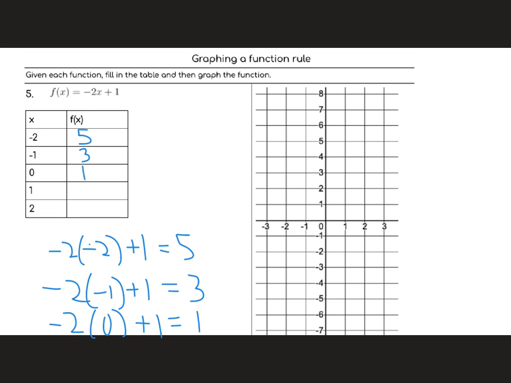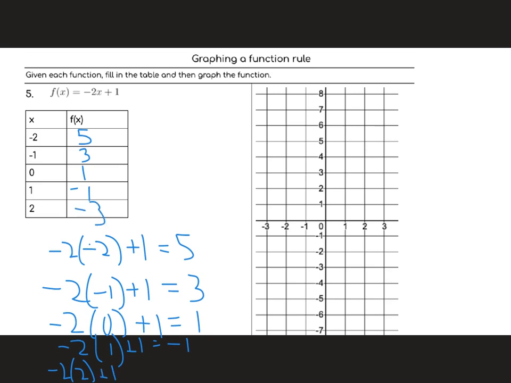Notice that the -2 and the 1 are fixed. Those are showing up each time. Then I'm going to have -2 times 1 plus 1, and that's going to be -1. And then we plug in 2. -2 times 2 is -4 plus 1, which is -3.